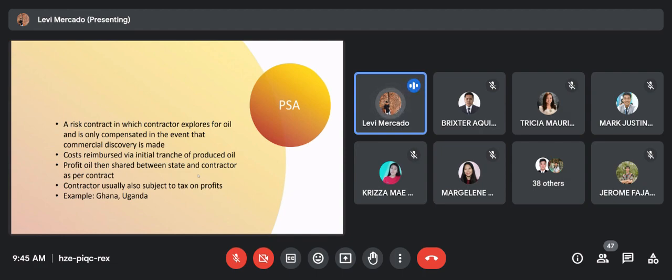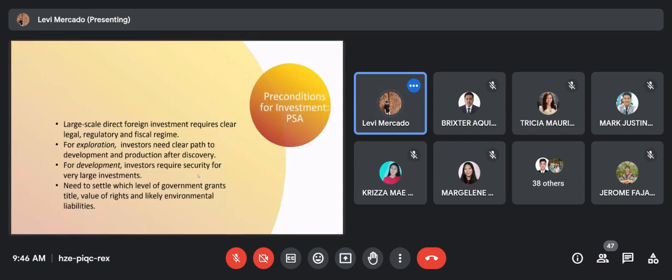Cost is reimbursed by initial tranche of produced oil. Profit oil then shared between state and contractor as per contract. And contractor usually also subject to tax on profits. So preconditions for investment or PSA. Large-scale direct foreign investment requires clear legal, regulatory, and fiscal regime.